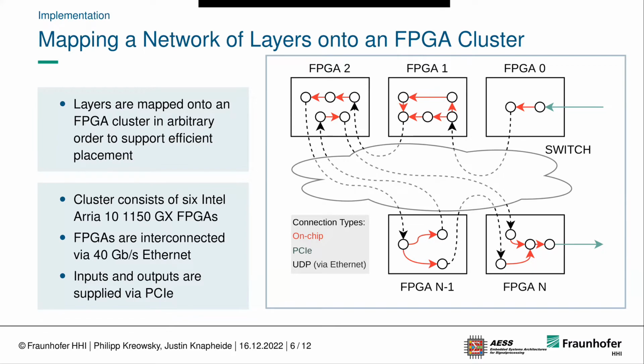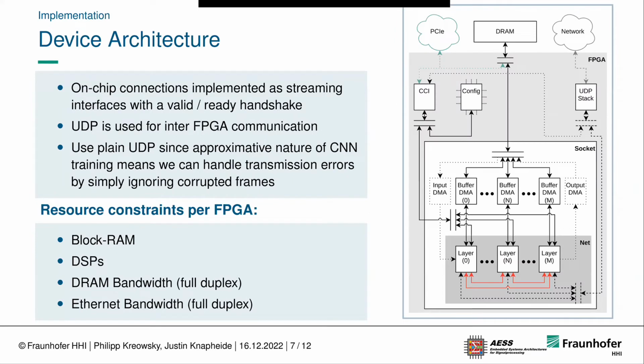Each single FPGA is structured as follows. Basically, each FPGA provides a UDP stack, PCI Express, and some command and control accelerator interface, and DRAM, where we basically implemented a socket.